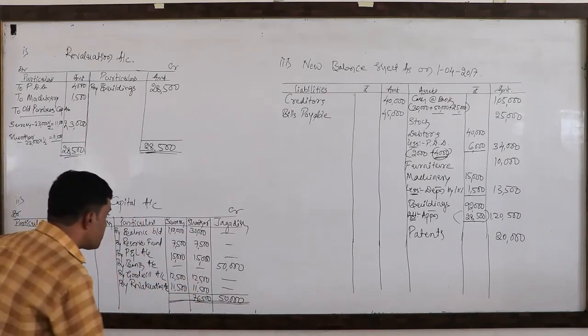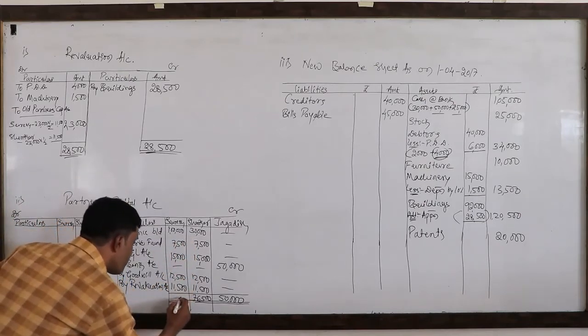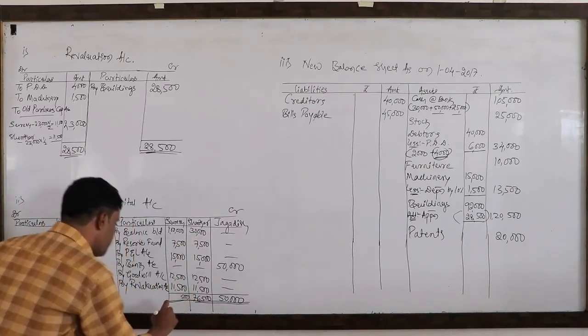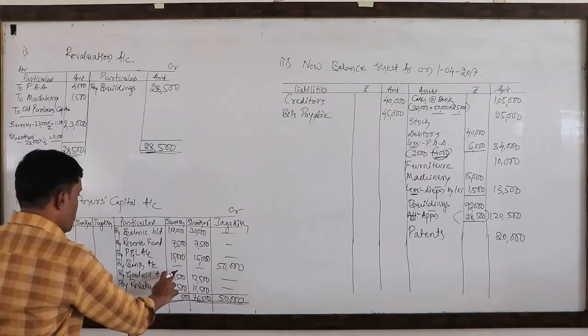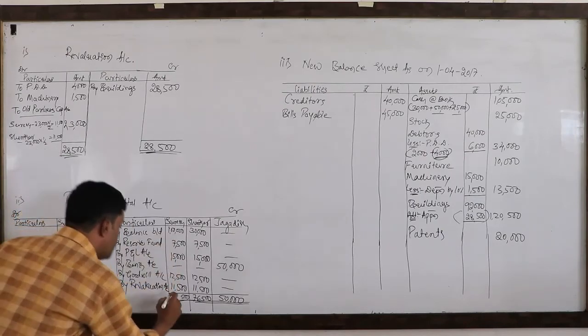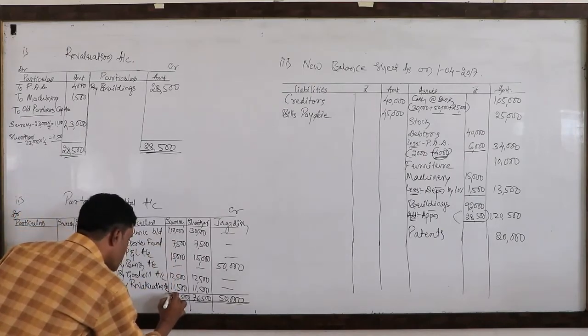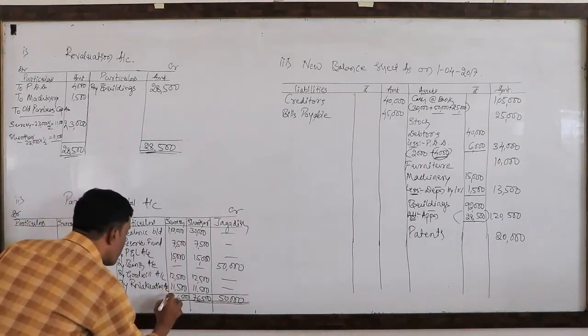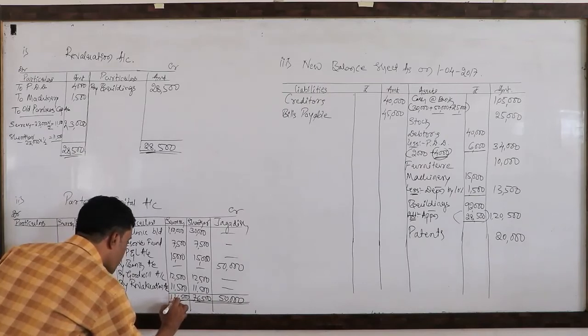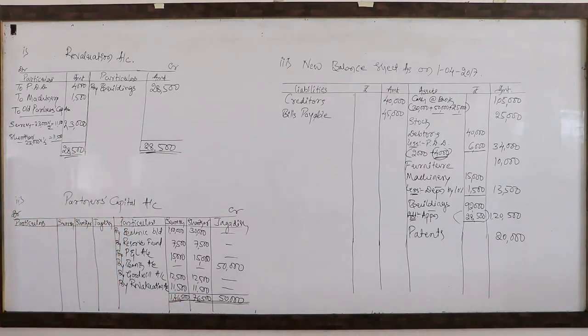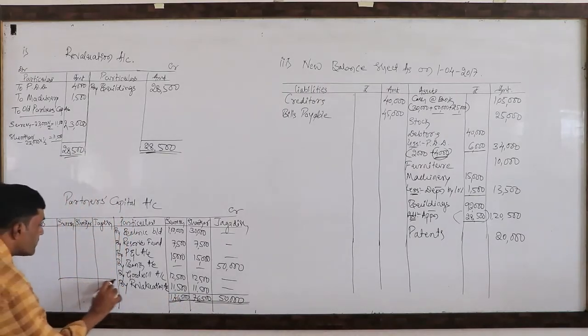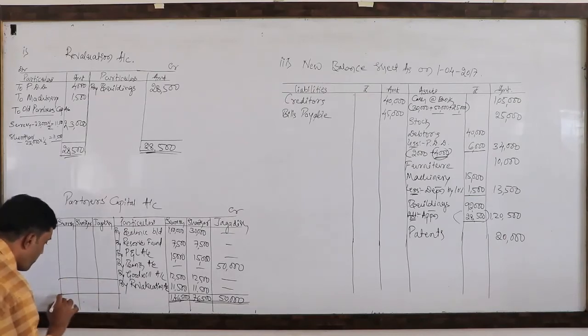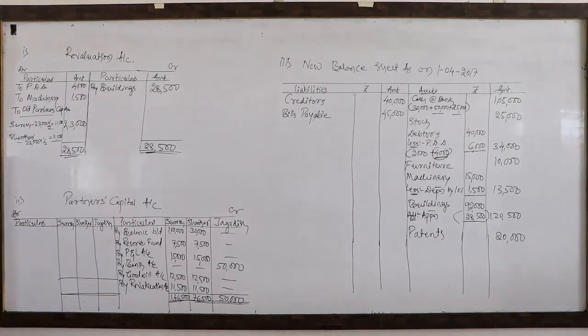The next one is 1,46,500. So here I am making totals manually.